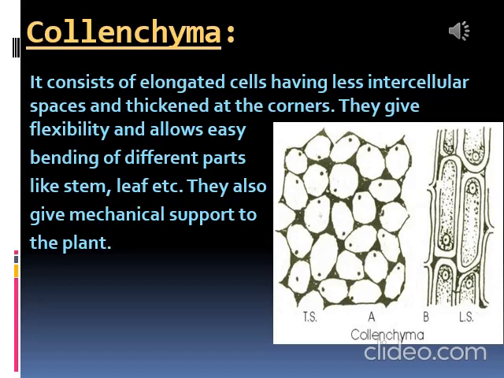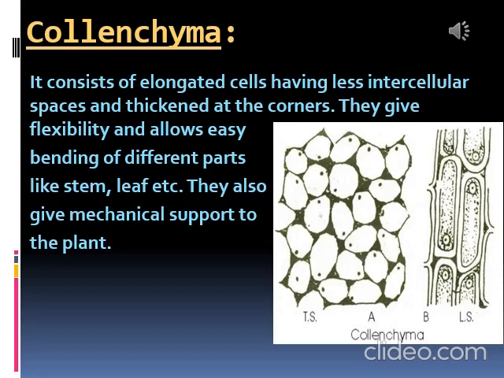Now we can say that collenchyma is a living mechanical tissue which provides both mechanical strength as well as flexibility. Because of the collenchyma, plant organs can bend without breaking.